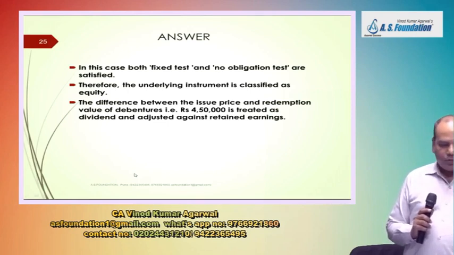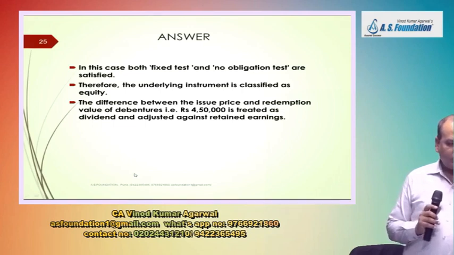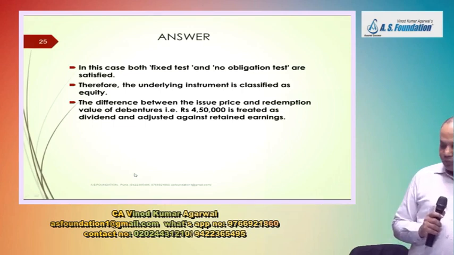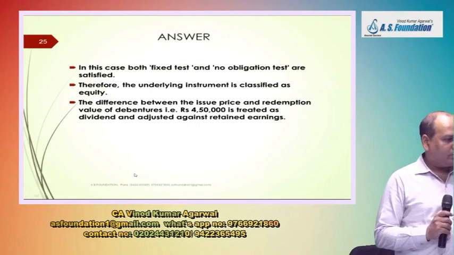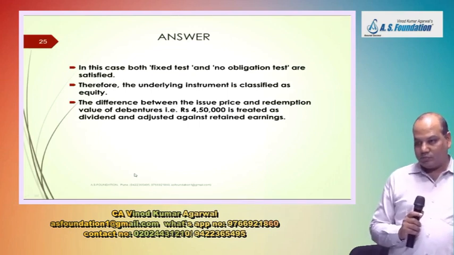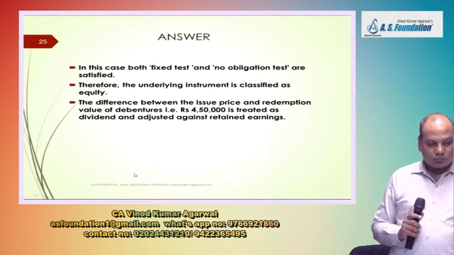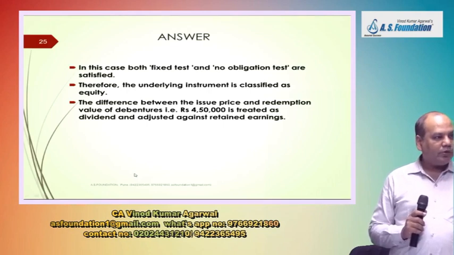One more line you can add in the answer. The difference between the issue price and the redemption value of debenture, that is rupees 4,50,000. How has this 4,50,000 come?